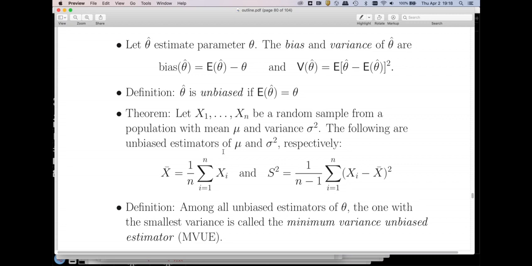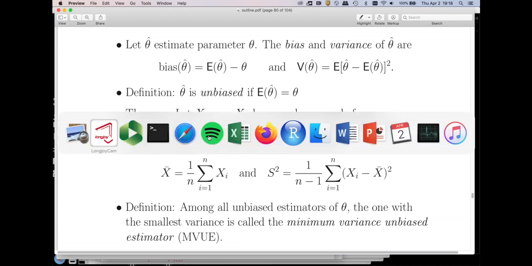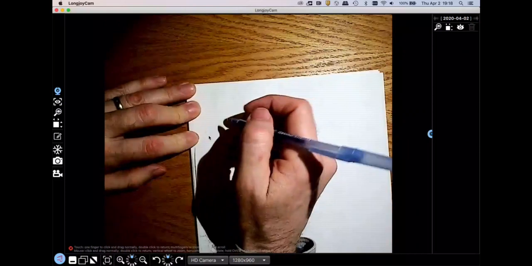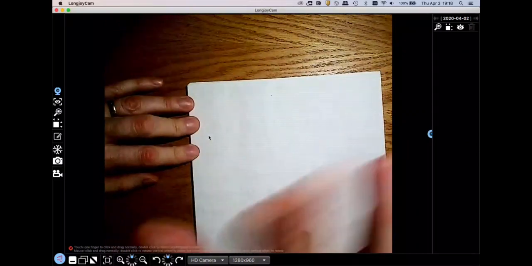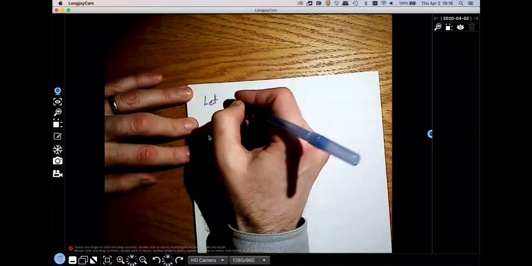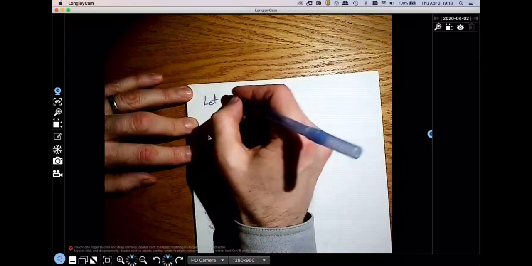So just to show a quick example of this, let's go back to my paper here, and I'll give you an example. So let's say that we have a random sample of size 2.